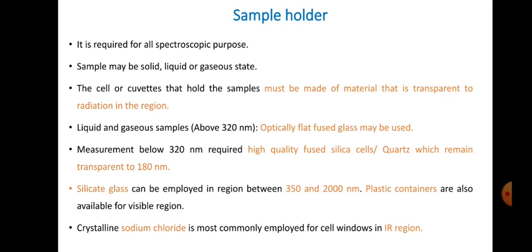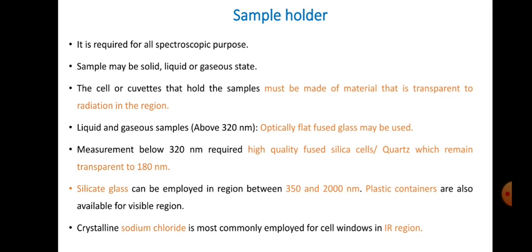Silicate glass can also be employed in the region of 350 to 2000 nanometer. We can also use plastic containers if we are interested in measuring absorbance in the visible region, since even plastic is transparent to visible light.